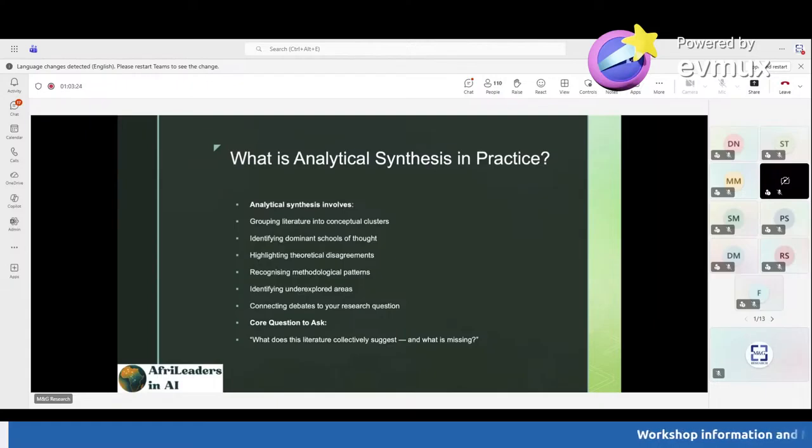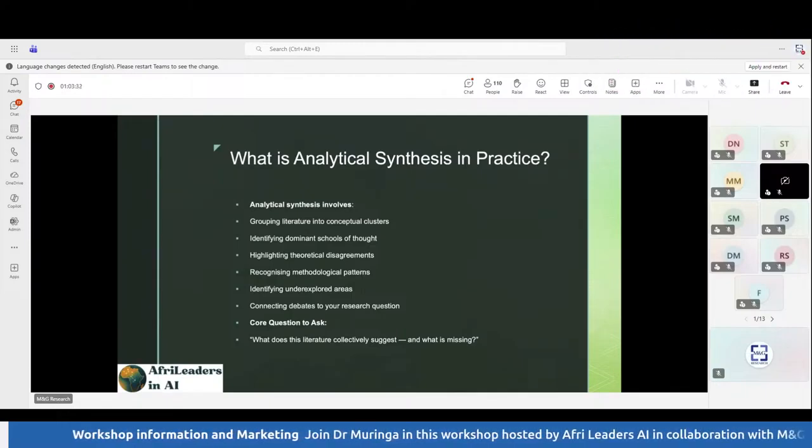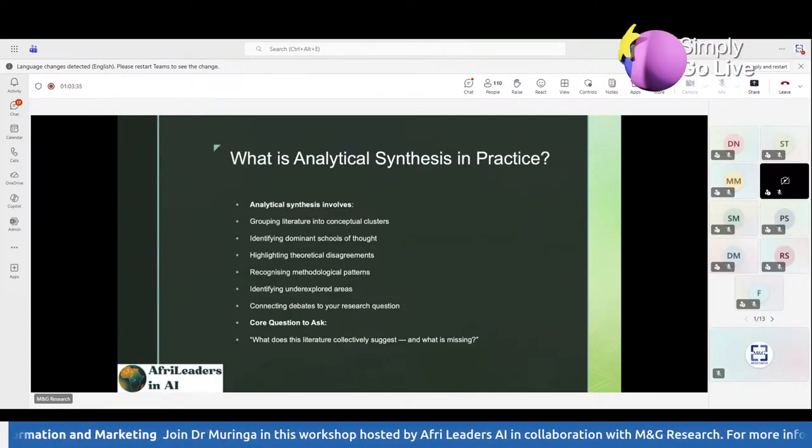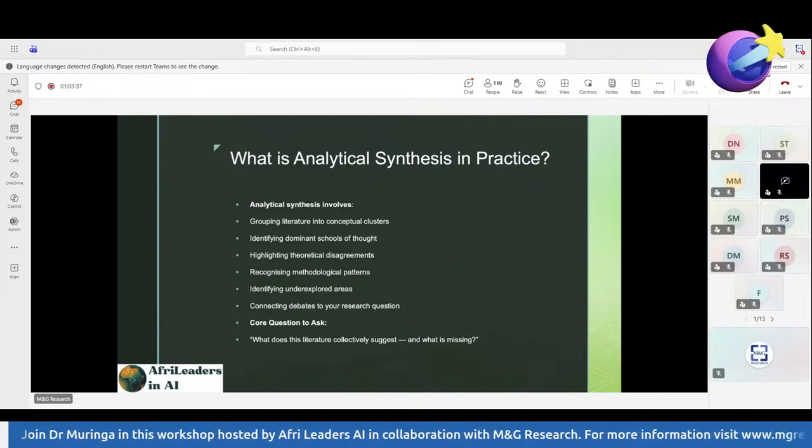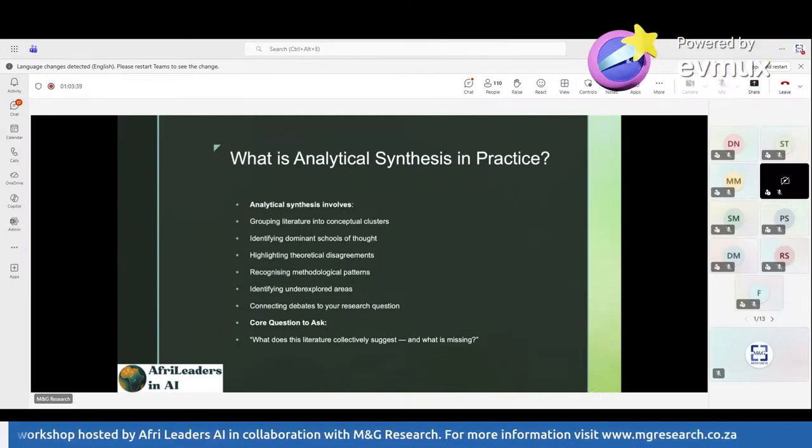Your literature review should have that section where you critique methodological patterns to say, generally, from the review of literature, we're finding that there is an over-reliance on quantitative studies. Most studies reviewed are quantitative studies, and it's worrying because quantitative studies have shortfalls, right?